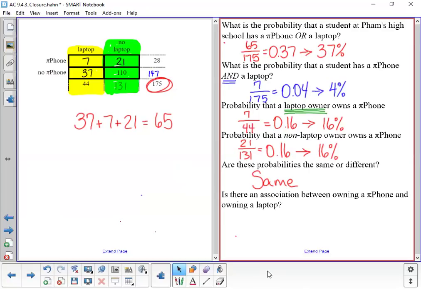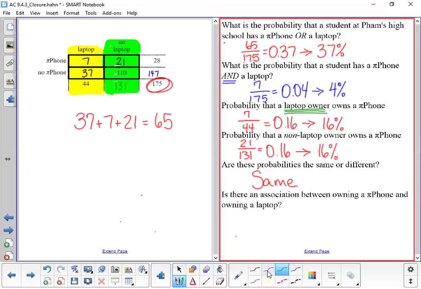In this case, the probabilities are the same. Owning a laptop makes no difference in your chance of owning a Pi phone, so we would say there's not an association. There would be an association if owning a laptop made it more likely that you would own a Pi phone or less likely that you would own a Pi phone. So if that probability changes, that means that there is an association.